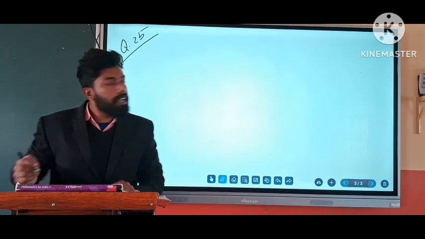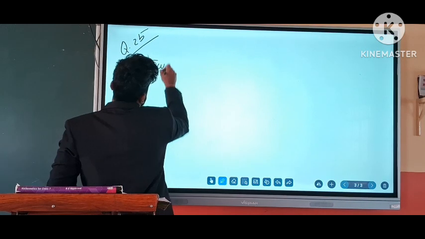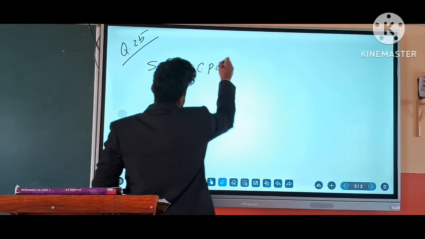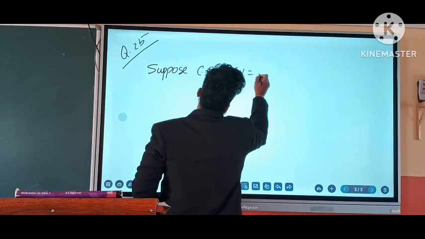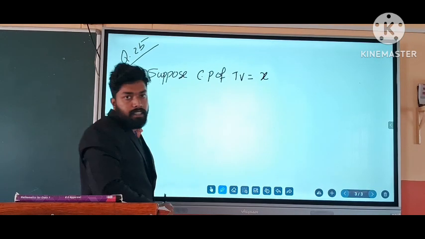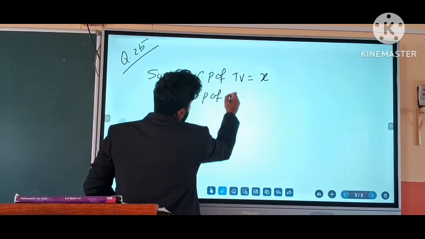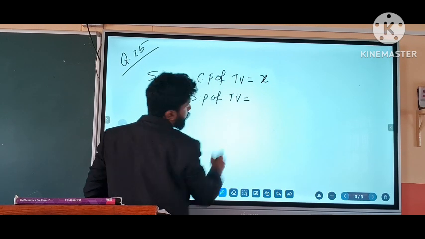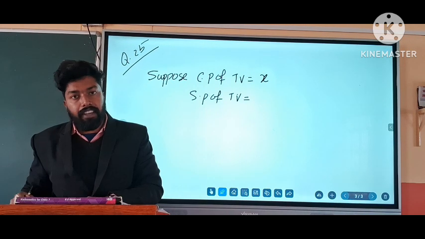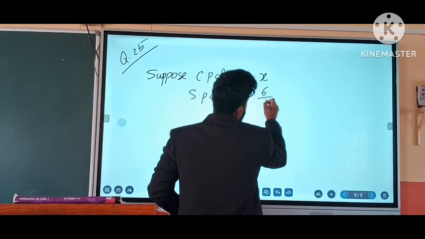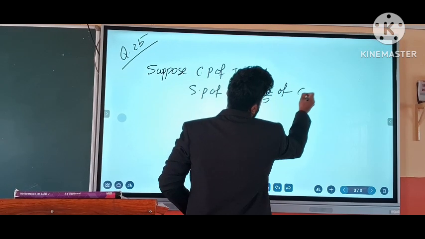So we are assuming that the cost price of the TV is equal to x. Is it clear? Then what is the selling price of the TV? From the question itself we can get that the selling price is 6 upon 5 of the cost price, that is 6 upon 5 of CP.